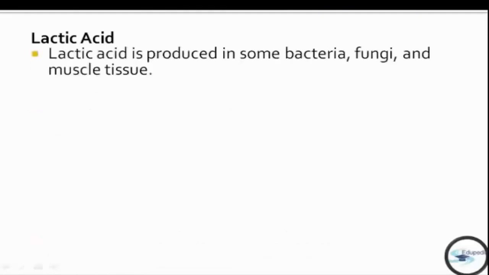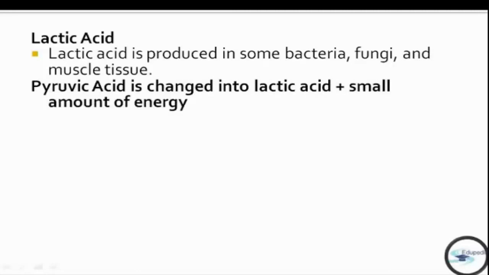We also have two products of anaerobic respiration. We have lactic acid, which is produced in some bacteria, fungi, and muscle tissue. Pyruvic acid is changed into lactic acid plus a small amount of energy.